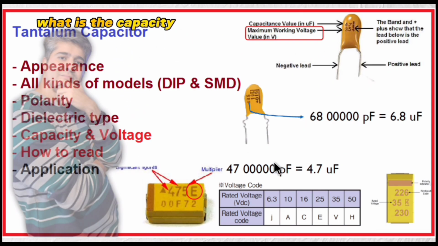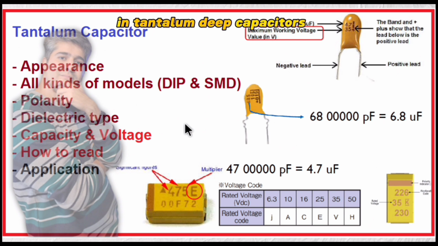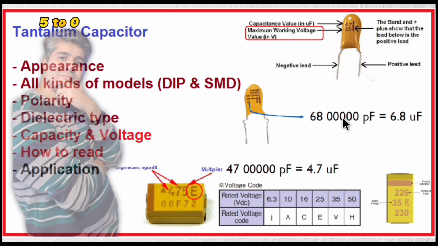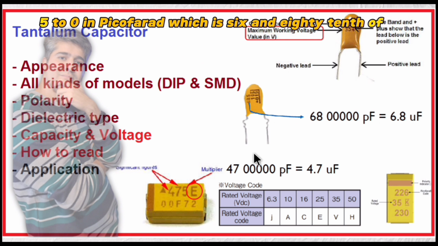What is the capacity and voltage and how to read it? In tantalum dip capacitors, it is written that their capacity is, for example, 4.7 microfarads, whose unit is microfarads, and the voltage was 35 volts. If there are 3 digits like this, which we have learned, 685 is 6800000 picofarad, which is 6.8 microfarad.